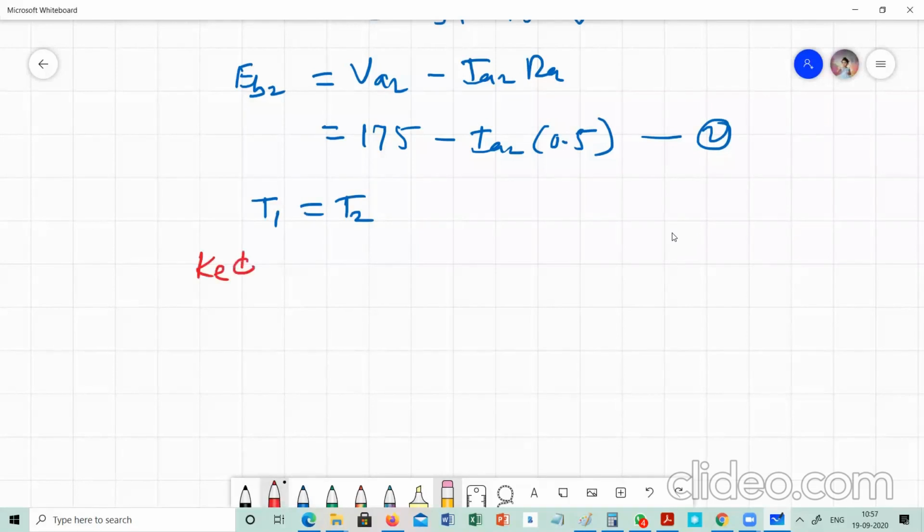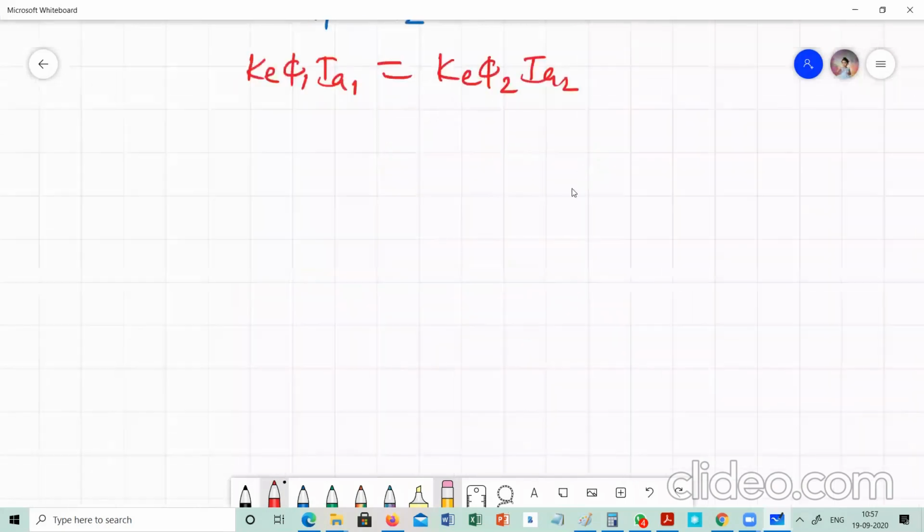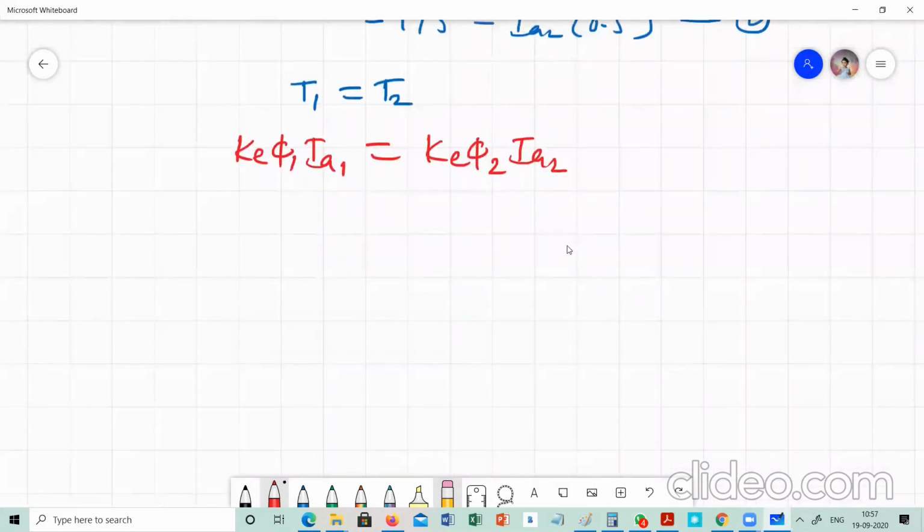KE phi 1 IA1, and T2 is equal to KE phi 2 IA2. They have stated that the torque is constant, that is T1 is equal to T2. So this KE will get cancelled and we can get this equation.